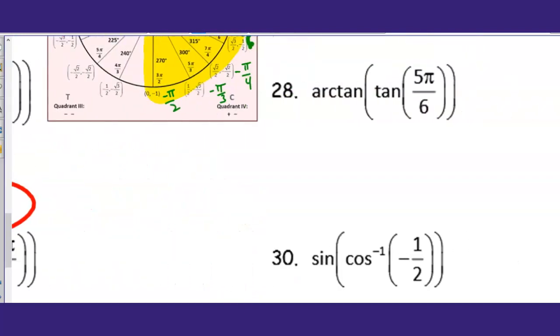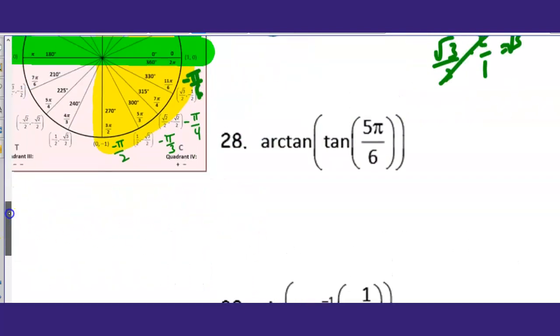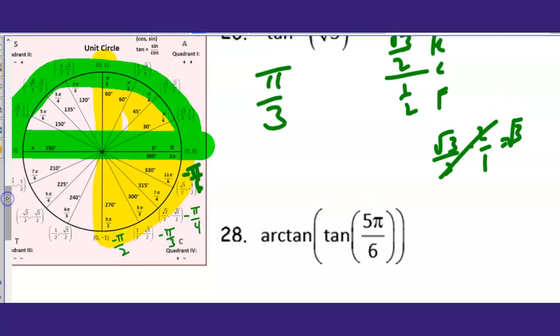Alright, for this side, notice this says tangent. This does not say tan inverse or arctan. So I'm not restricted to just the yellow portion of the circle. This is tan of 5 pi over 6. So I go to 5 pi over 6. I know this is small for you.